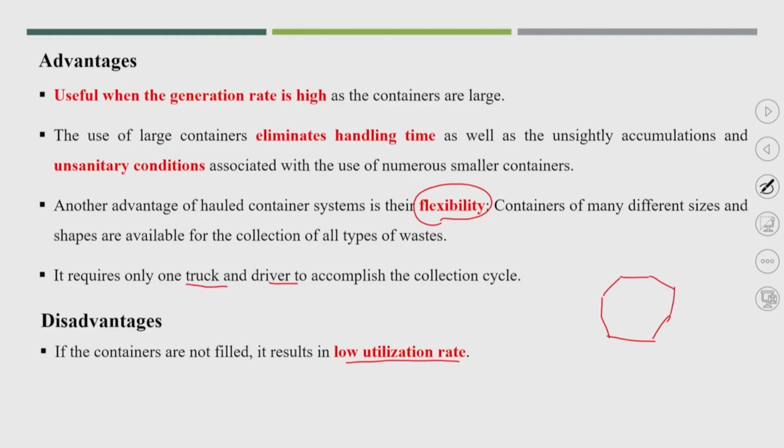Suppose this one container is available in one of the locations, and the vehicle comes around 7 early in the morning to pick up this container, and suppose this container is filled only half with waste, and the waste has biological matter. Still, the vehicle has to collect this container. So, your utilization rate is only 50%, because the remaining container is not filled up. Obviously, it will result in a low utilization rate.